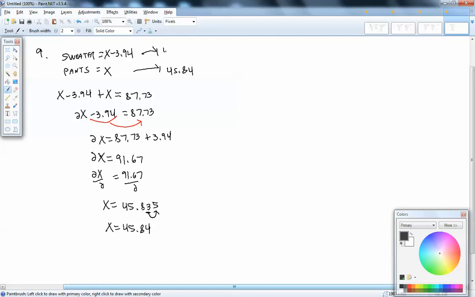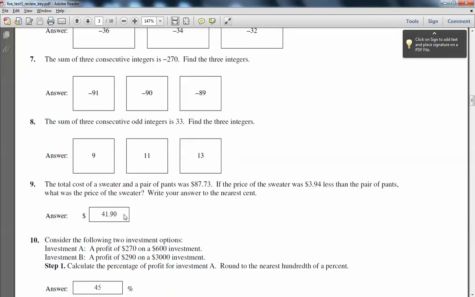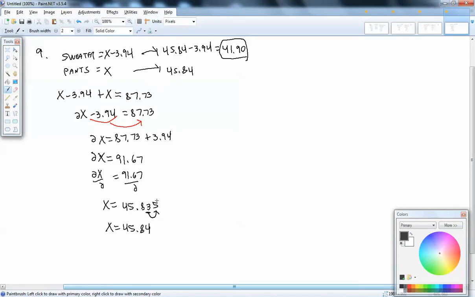So I've got 45.84 minus 3.94, and that gives us $41.90. Assuming I didn't screw it up. Let's go check. Okay, $41.90. That's a good sign.